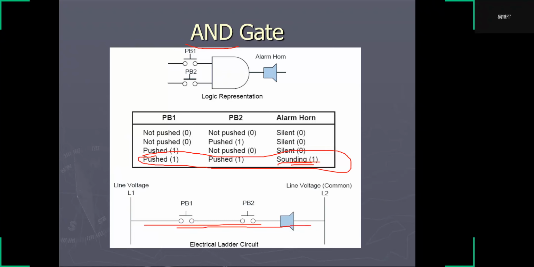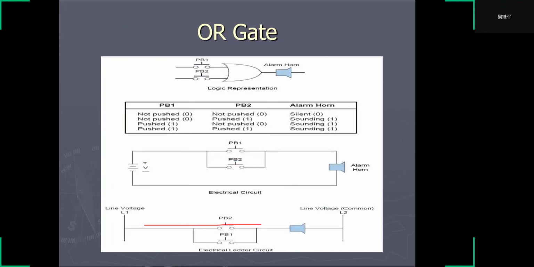OR gates: 0 or 0 gets 0, 0 or 1 gets 1, 1 or 0 gets 1, and 1 or 1 gets 1.